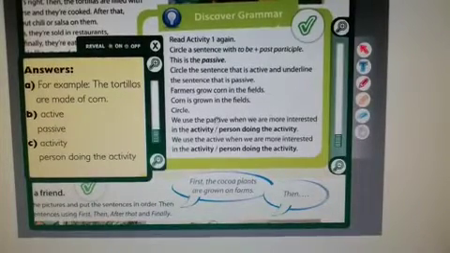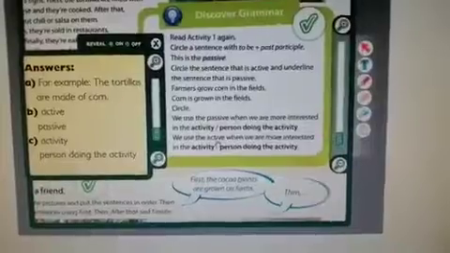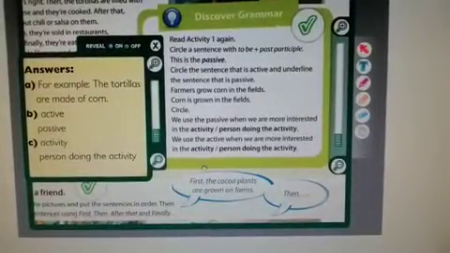As we said before, passive is مبني للمجهول, active is مبني للمعلوم. We know the subject of the sentence, we know the person who is doing the activity.